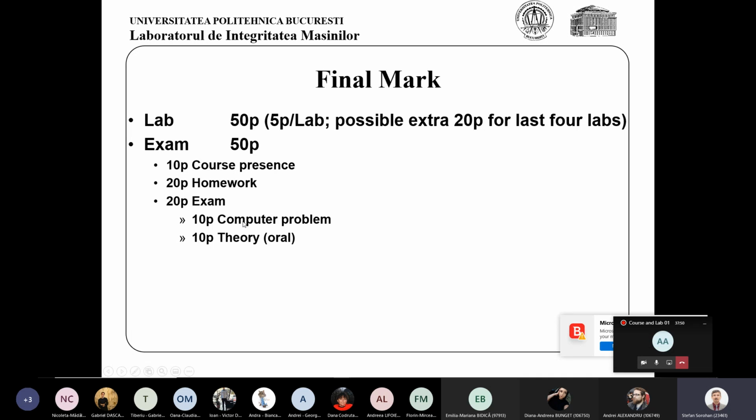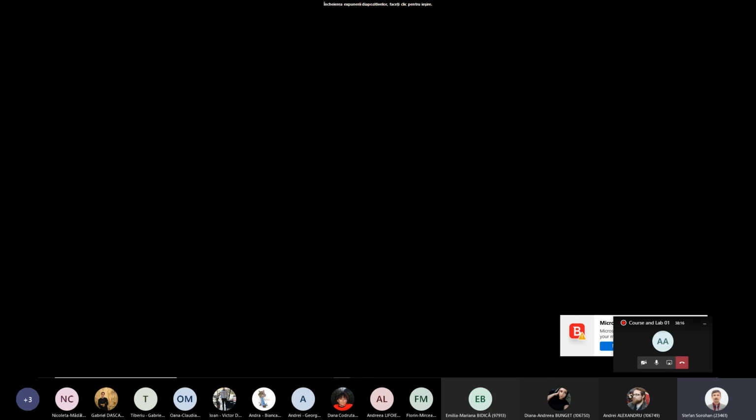The 10 points for a computer problem, you must solve a real problem, for which you will obtain a subject, and 10 points means the theory. As you will see, the theory is not so simple, and the theory will be oral, just one or maximum two questions, and you must give an answer for that.